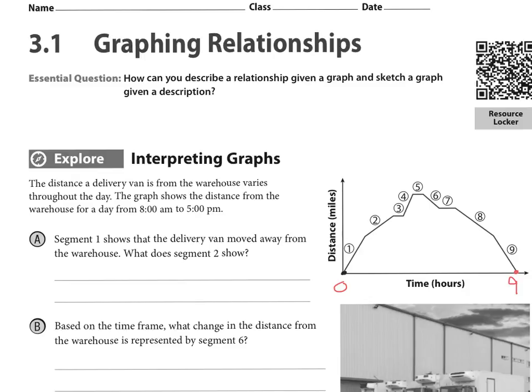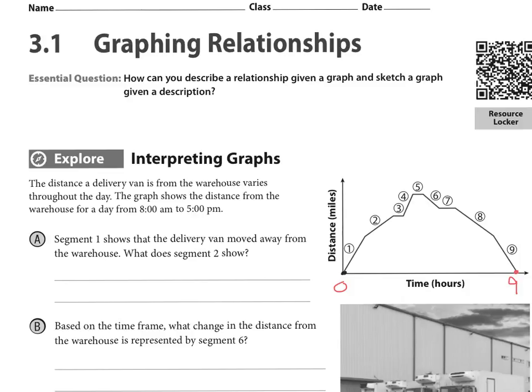Anytime our line starts going down, what is happening to our distance from the warehouse? We're going what? Back what? Be more specific. We're getting closer to the warehouse. We're going back towards the warehouse.